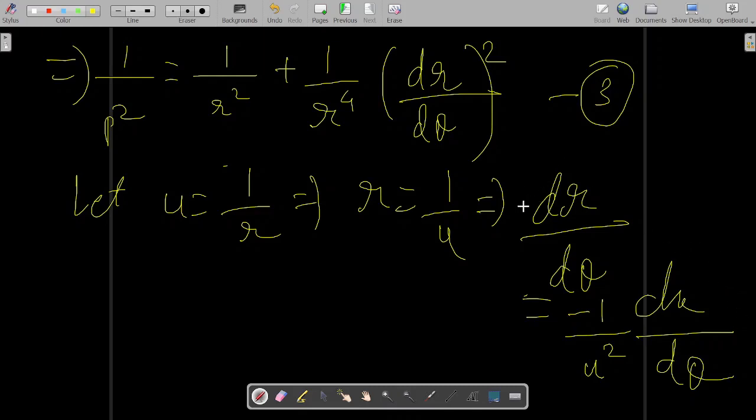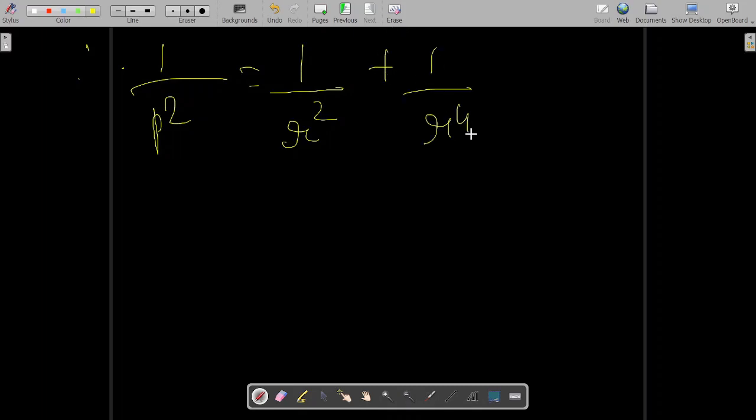So just substitute this value of dr by d theta in equation number 3. When you substitute that value in equation number 3, what do you get? The equation 3 which you have with you is like this.